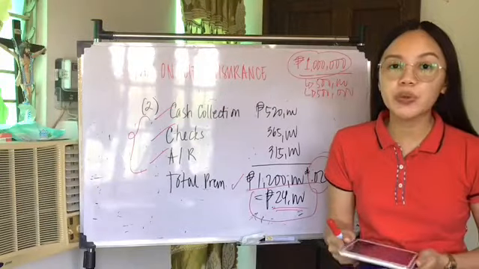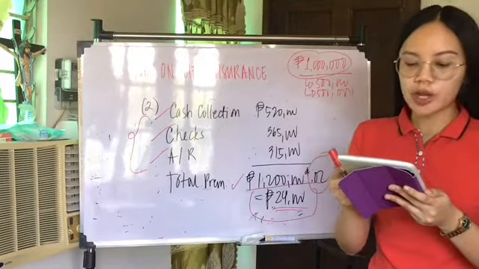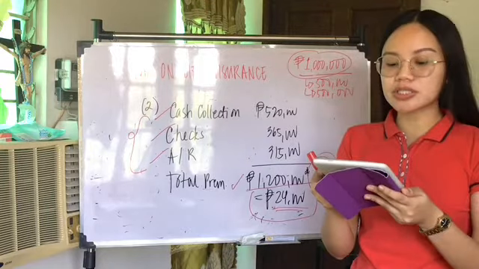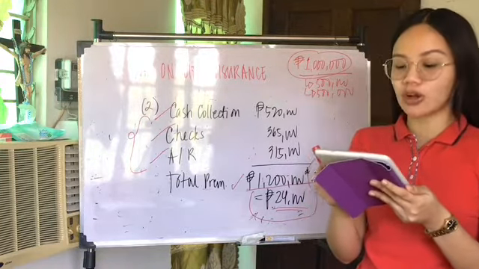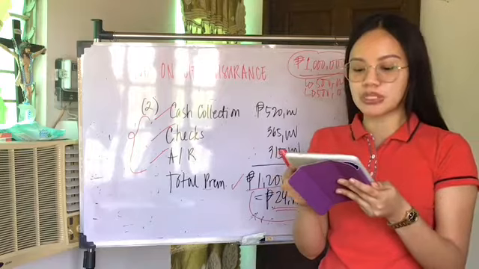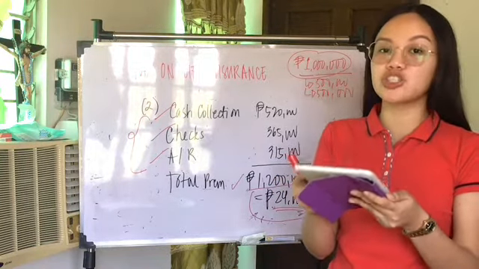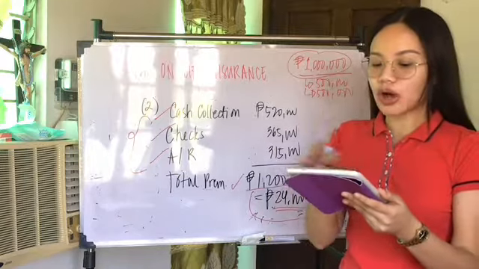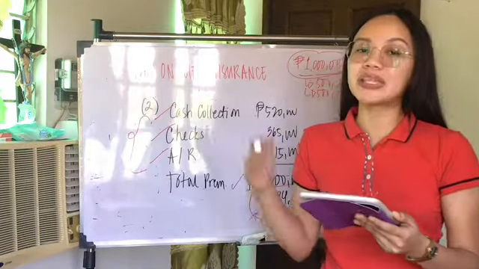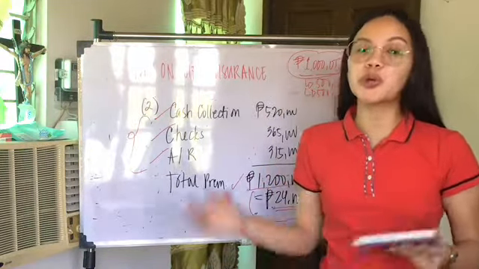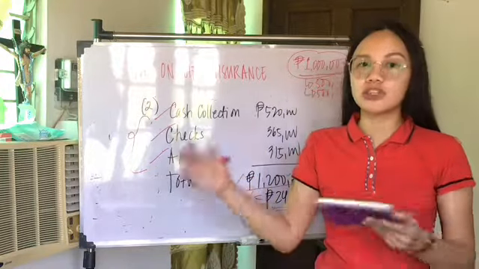So let's proceed with example number 2. For number 2, we have Madulag Insurance Company, which had the following data on the collections of premiums and disbursements during the month. The question is, the percentage tax due is. So we look at the data. We again need to identify which here is life insurance and which is non-life insurance.